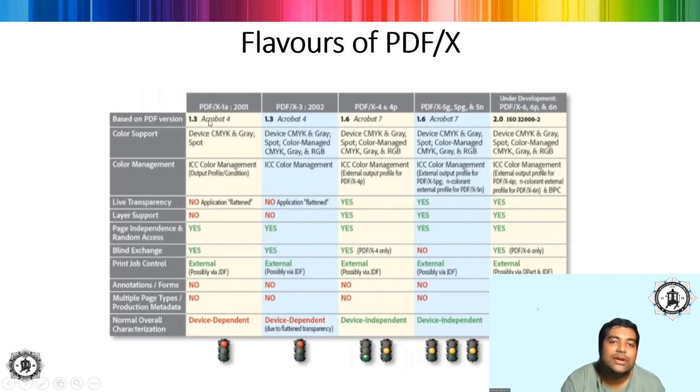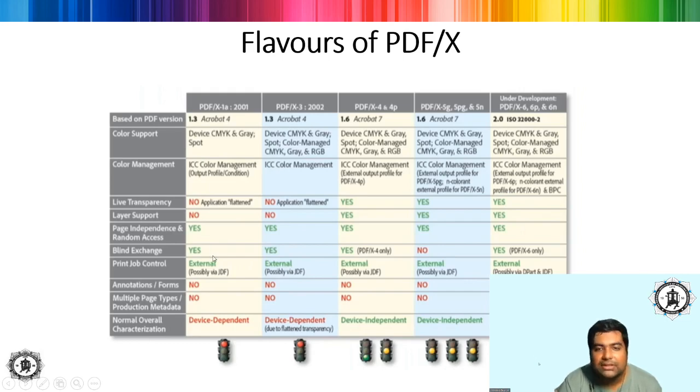If you just take a look at the X1A of 2001, that means this is the original standard, not the revised standard. So this is based on 1.3, Acrobat 4. This allows device CMYK and gray, spot. ICC color management is not allowed, no ICC profile, and no live transparency, no layer support. OCG cannot be allowed. Page independence, yes.